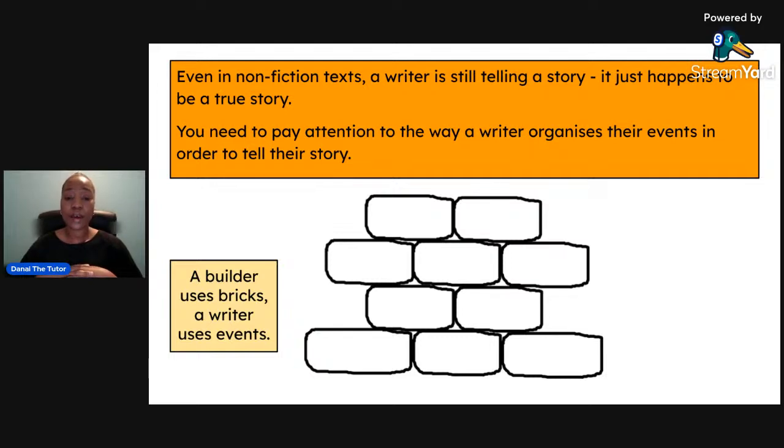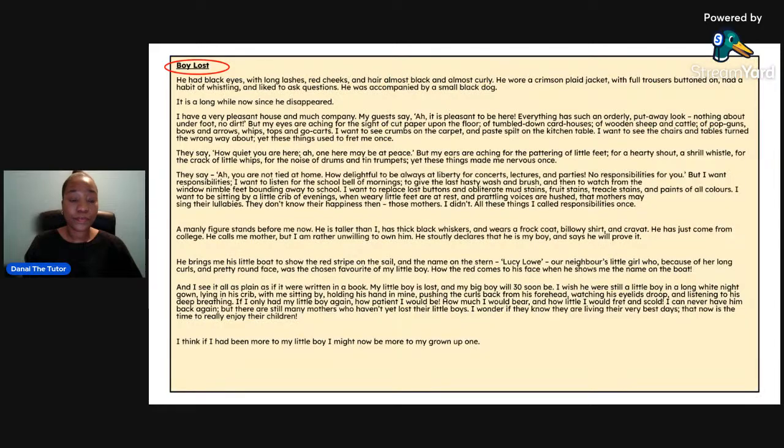And if you've attended one of my other webinars, when we looked at structure in fiction texts, we were looking at how the events created by the writer are organized for a specific effect. When we are writing in nonfiction text, even though it is real life or based on real life events, it's still storytelling, okay? It is still storytelling. So you need to pay attention to the way a writer organizes their events in order to tell their story. And that's exactly what we're going to be doing today.